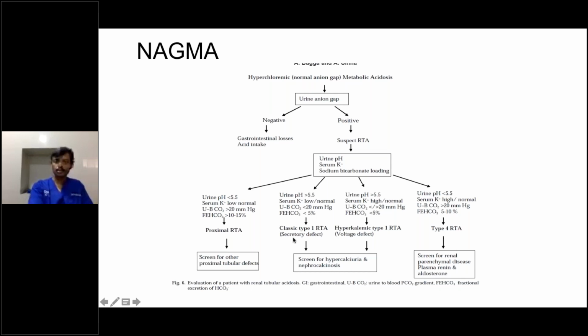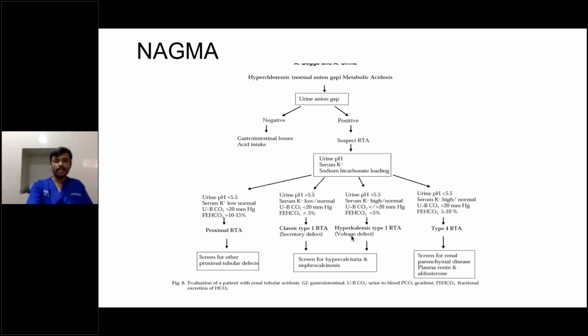If serum potassium is low, it becomes type 1 RTA. If serum potassium is high, it becomes type 4 RTA. Type 4 RTA means renin aldosterone deficiency comes here. So this is how we can calculate; we can even go up to hormonal levels. A hormonal problem can also be identified by looking at whether it is a normal anion gap metabolic acidosis or not.